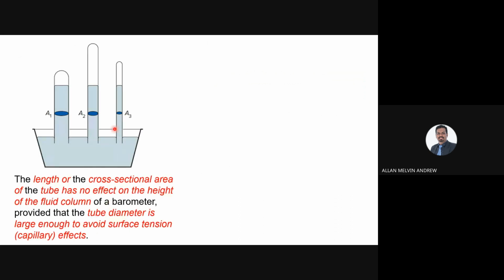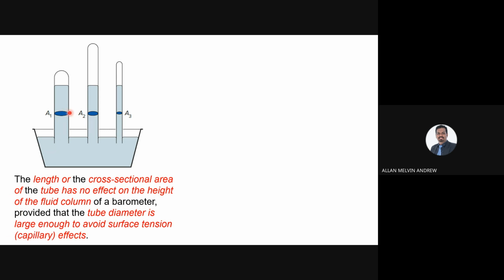Okay, so let's say you have multiple barometers of different sizes. The length or the cross-sectional area of the tube has no effect on the height of the column of a barometer, provided that the tube diameter is large enough to avoid surface tension. The capillary effect we have seen last week.